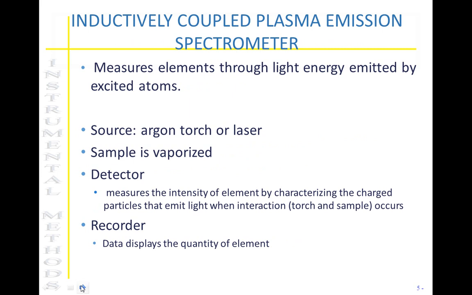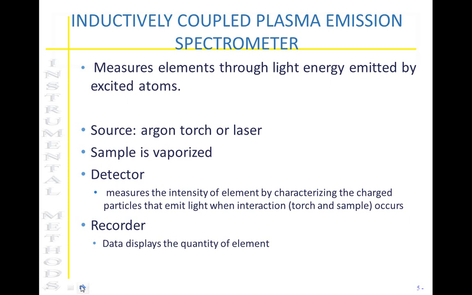The final instrument is an inductively coupled plasma emission spectrometer that measures the light energy emitted by the excited atoms. In this instrument, an argon torch or a laser is used to vaporize the sample itself.